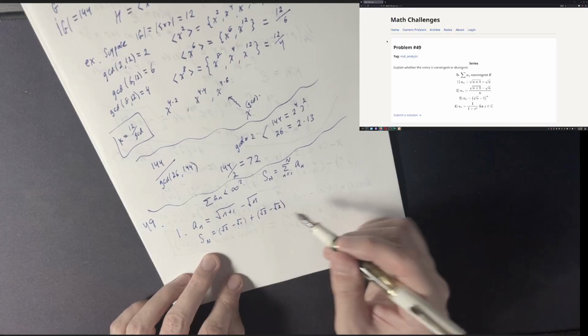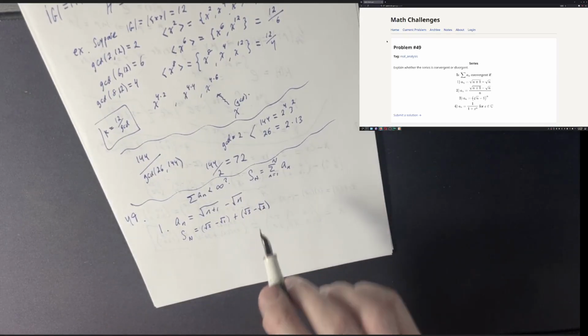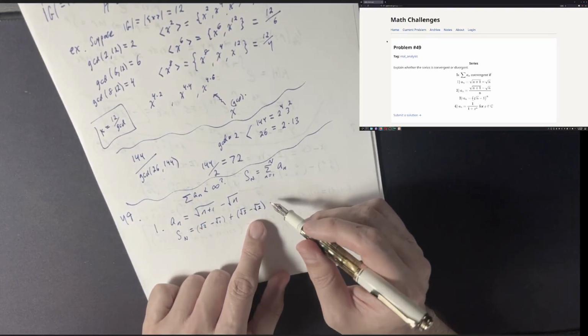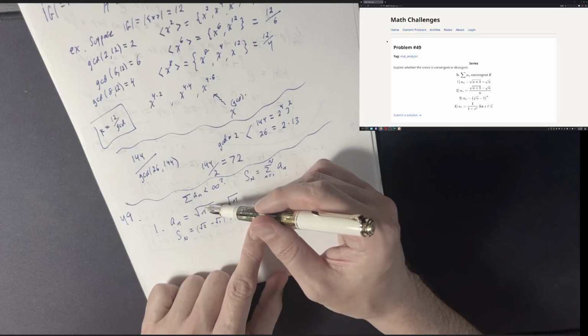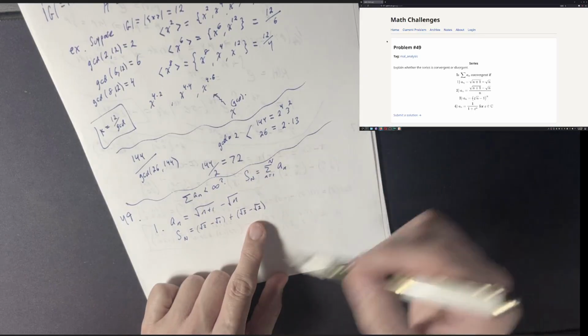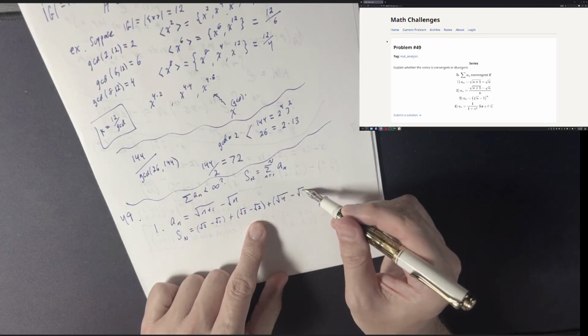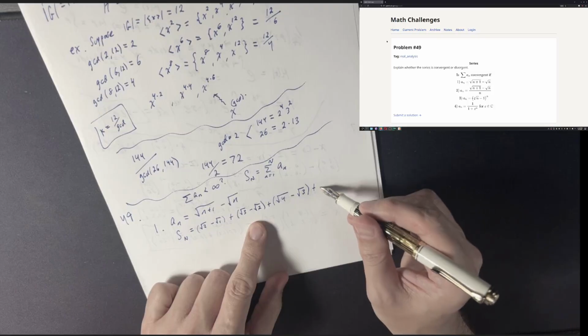So you get some sort of cancellation, right? You get plus root 2 minus root 2. You always get plus root n plus 1 minus root n, so it subtracts the previous. So on the next one we're going to get root 4 minus root 3, root 5, etc.